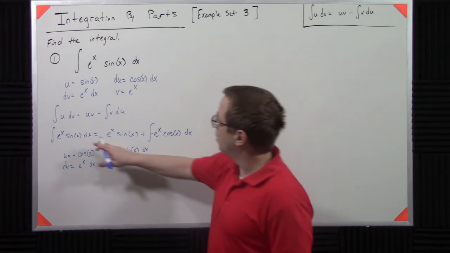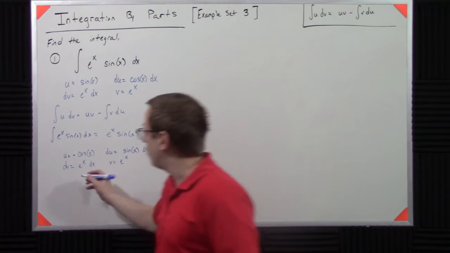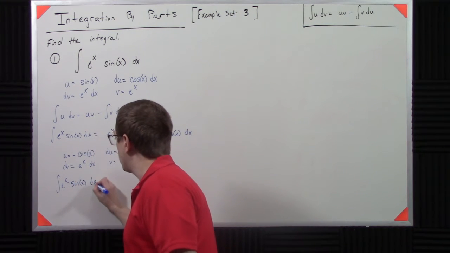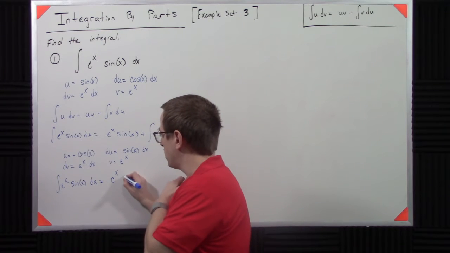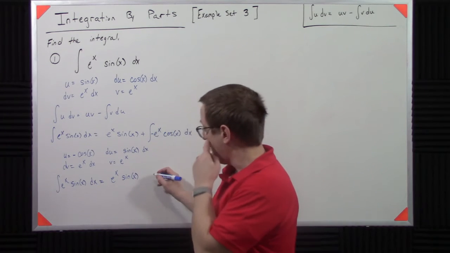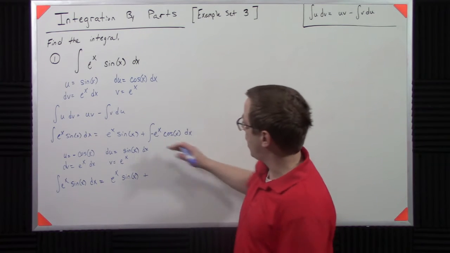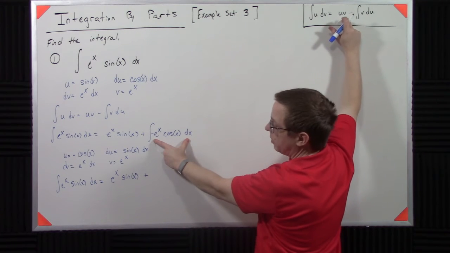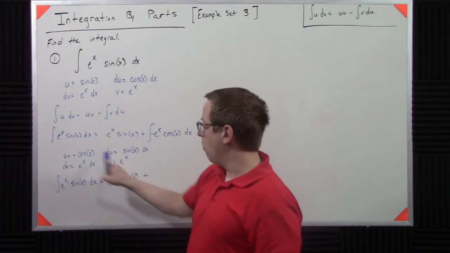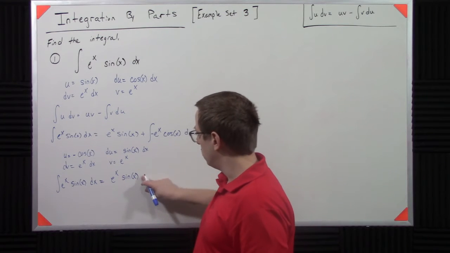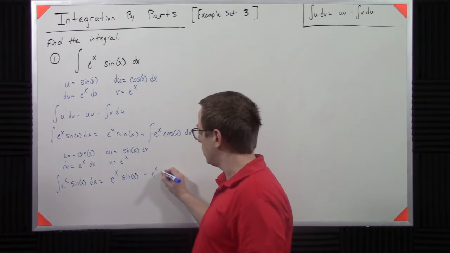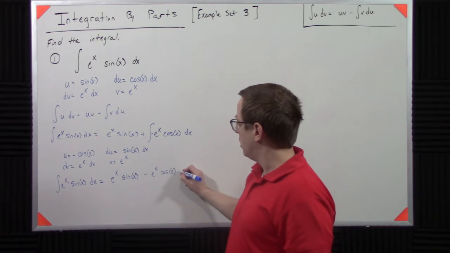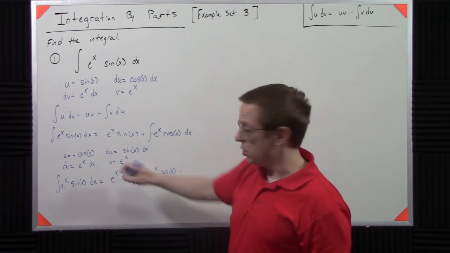So now I have this whole thing. I have the integral of e to the x sine of x dx equals e to the x sine of x plus, so I have this integral. So this is my u dv. So I have to then say that's equal to uv, so minus e to the x cosine of x. So uv, again, minus the integral of v du.